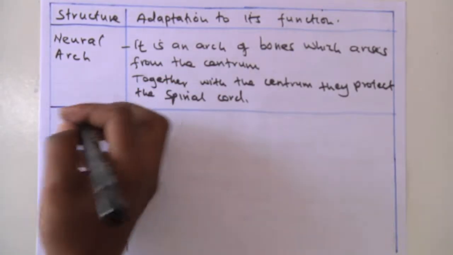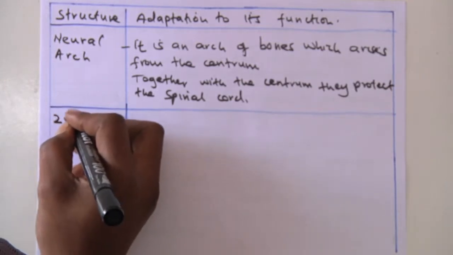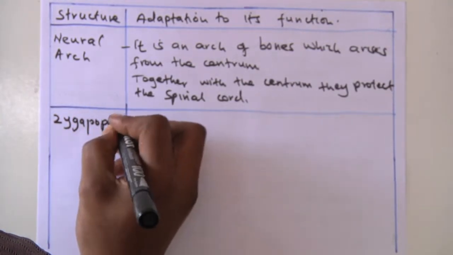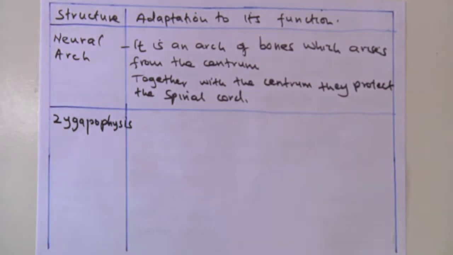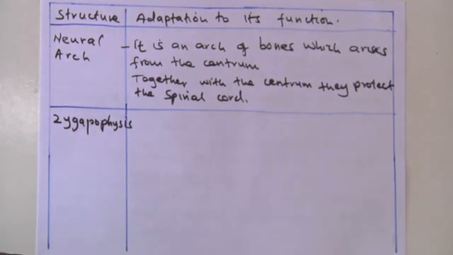Then we have another structure that is called zygapophyses. And these zygapophyses are found on the posterior end and at the anterior end.